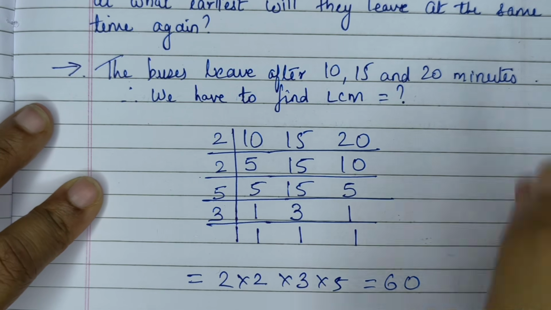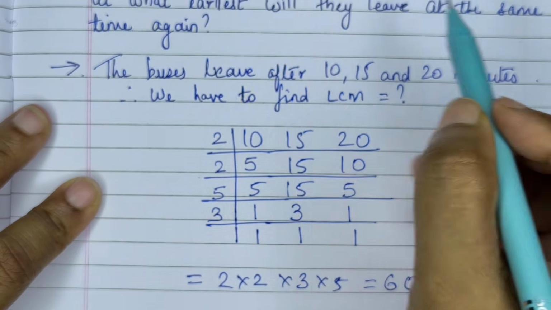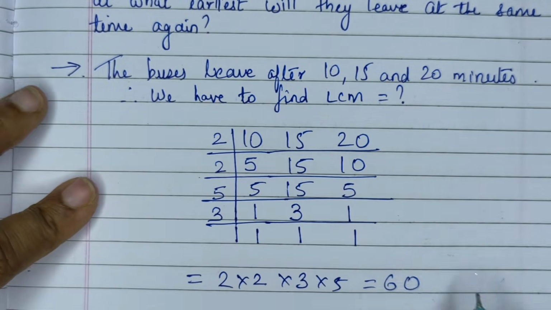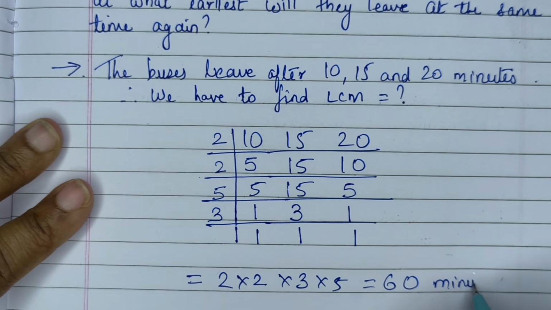What was the question? At what earliest will they leave at the same time again? So now see here, we have 60. 60 means what? 60 minutes.